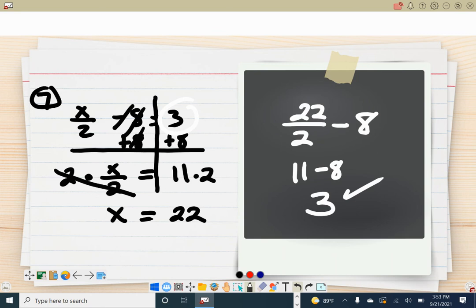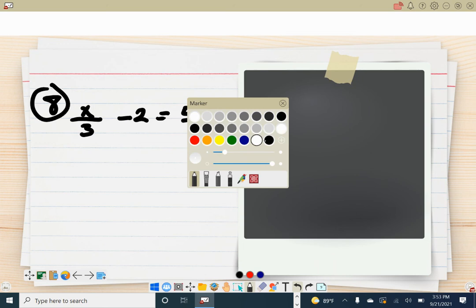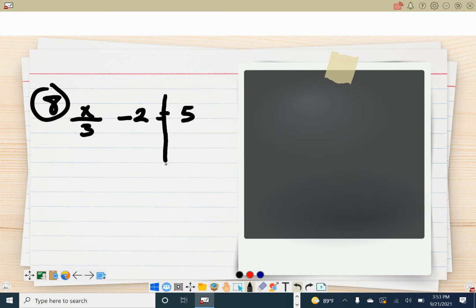All right, one more of these with me, and you're going to have to do those last 4 on your own. X divided by 3 minus 2 equals 5. Draw that river. Add the 2.